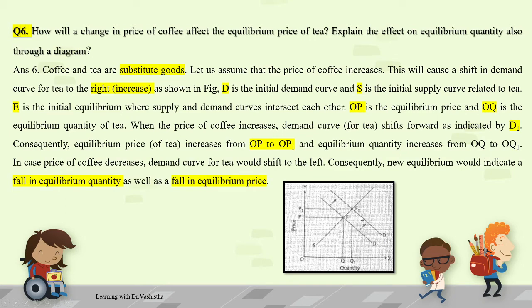Consequently, the equilibrium price of tea increases from OP to OP1, and the equilibrium quantity will also increase from OQ to OQ1. In case the price of coffee decreases, the demand curve for tea would shift to the left. Consequently, the new equilibrium would indicate a fall in equilibrium quantity as well as a fall in equilibrium price. So this is what happens when the price of the substitute good increases or decreases.